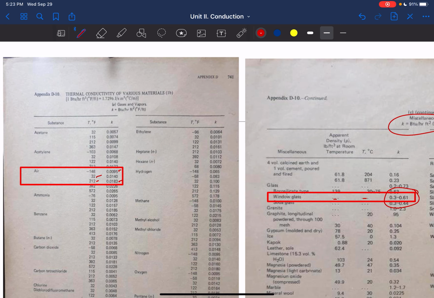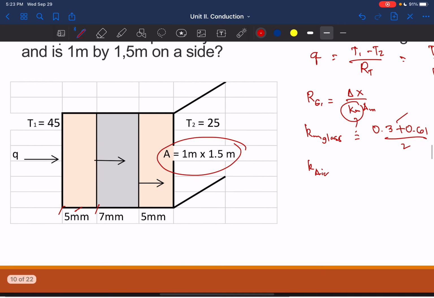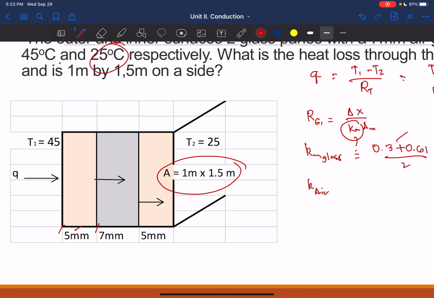Convert it, so it is given in Celsius degrees, so that's roughly around 95 degrees Fahrenheit. So you need to get the mean thermal conductivity of the air at a given temperature of 95 degrees.